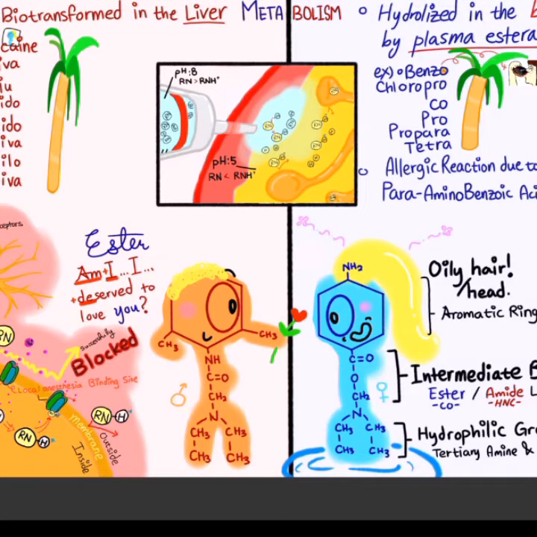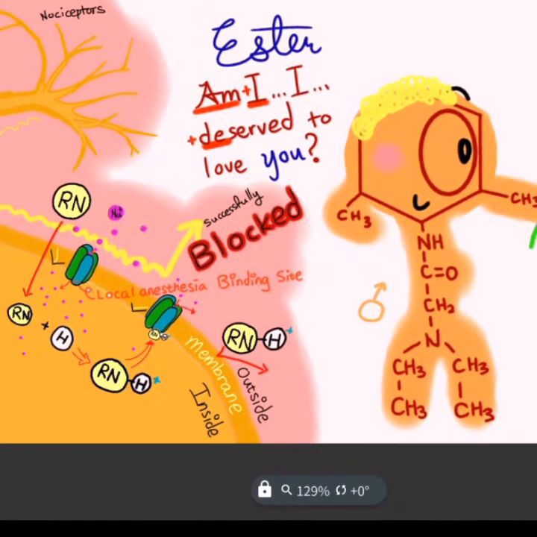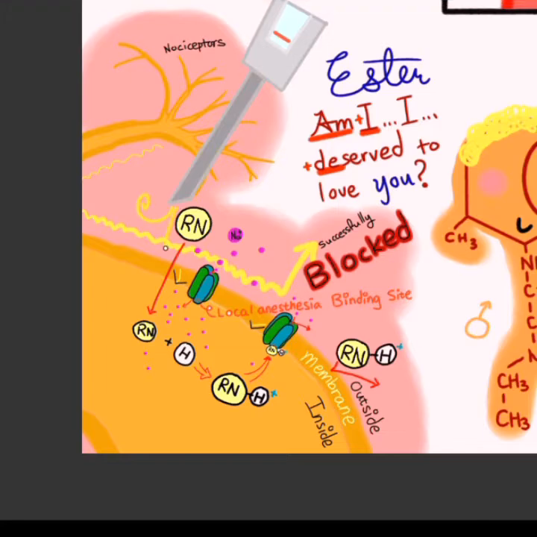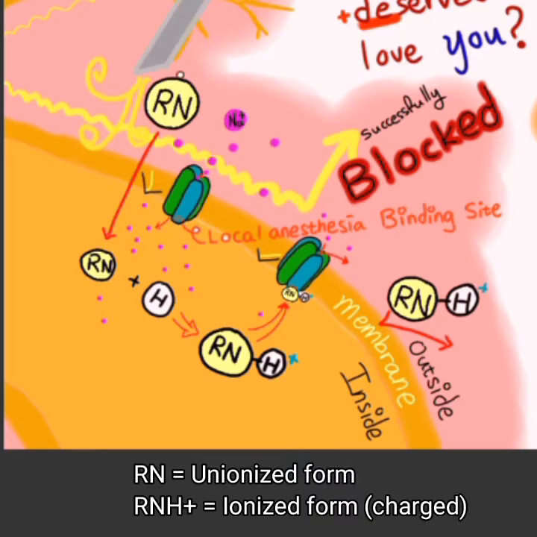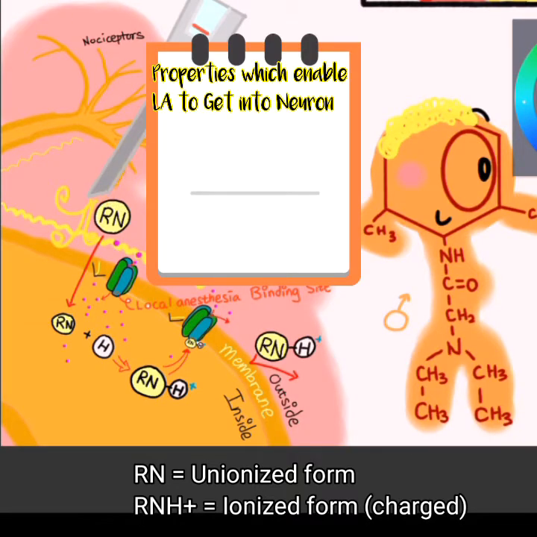And let me show you the mechanism of this local anesthesia, this handsome Amide and the beautiful Ester princess mechanism. If you inject, the local anesthesia is released like this, and it has an ionized form and an unionized form. This R N represents the unionized form.